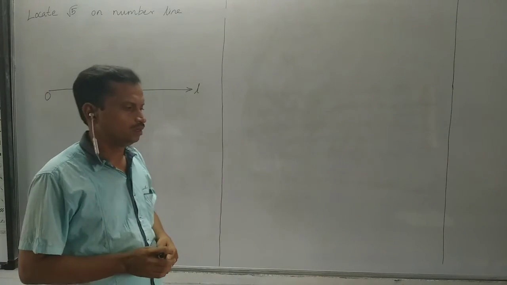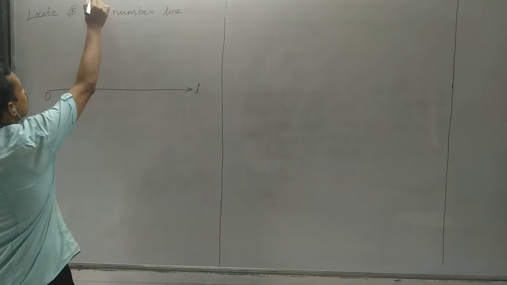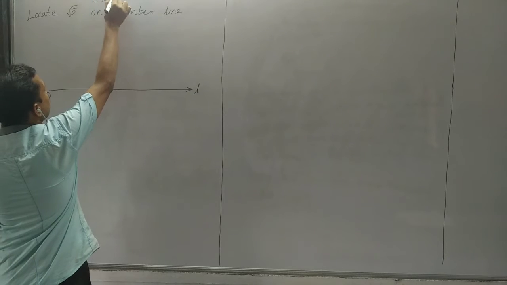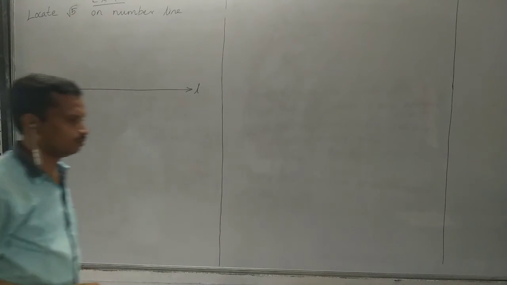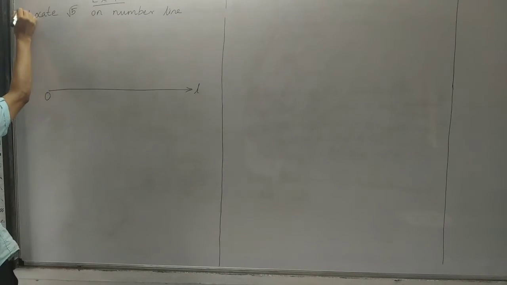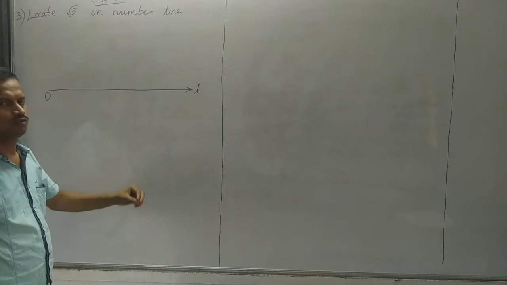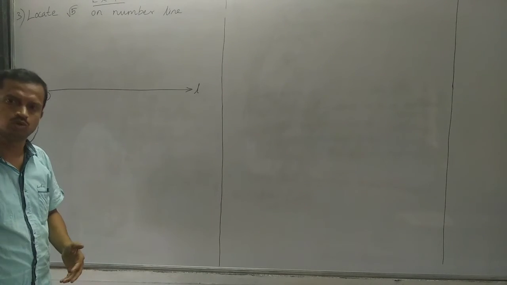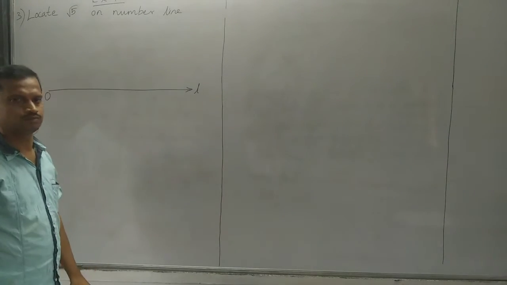Now in this exercise 1.2, the third question: locate root 5 on the number line. Before root 5, I taught you how to locate root 2 and also root 3. Now, coming to root 5.